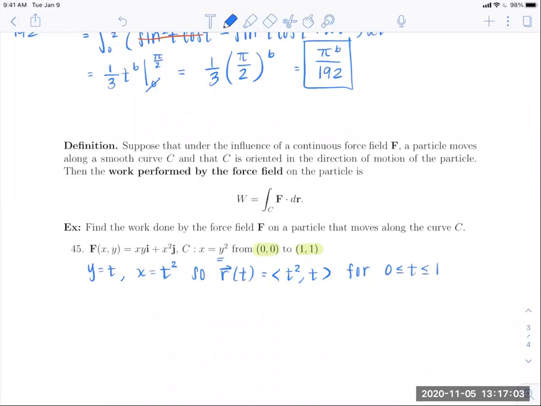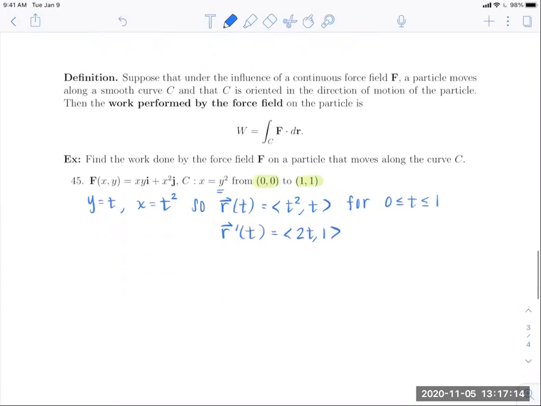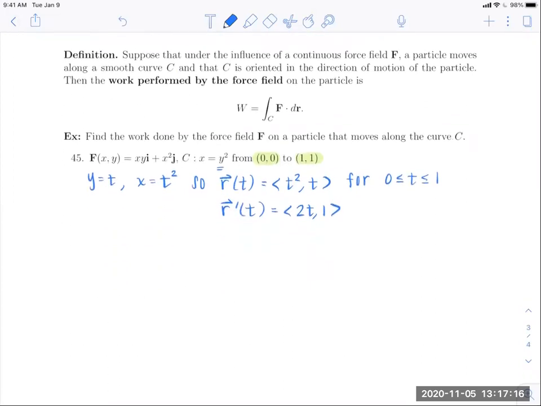Okay, so t goes from 0 to 1. And then let me go ahead and just compute my derivative while I'm at it. That derivative is going to be 2t comma 1. All right, so we have now taken a rectangular equation for a parabola and we've rewritten it parametrically just by introducing that parameter t. And now I can carry out my work.